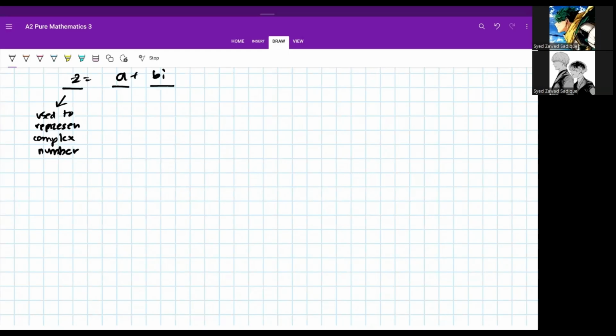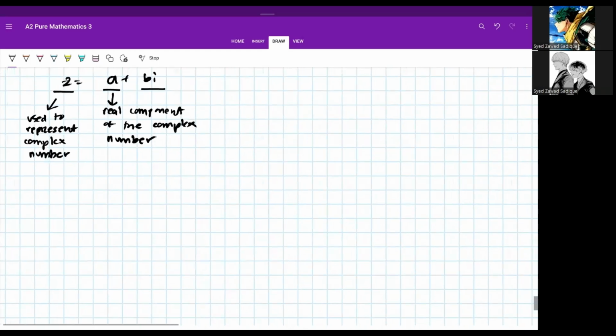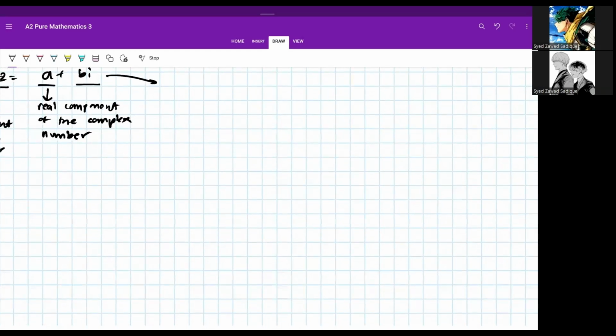This is the real component of the complex number, and this is the imaginary component of the complex number.